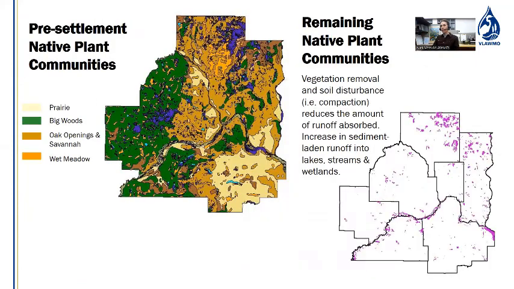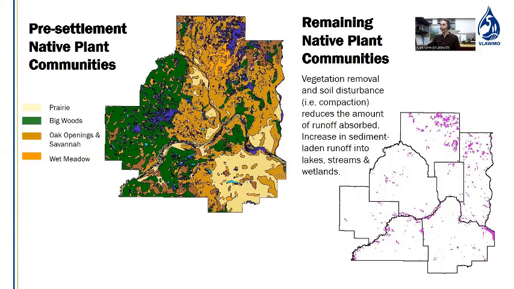Pre-settlement native plant communities once looked something like this, and there's not many native plant communities left. And the key to this is thinking about the native plant communities as a function, the root systems and the soil health being a tool for the movement of water through land into groundwater and the basins of wetlands, lakes, and so on.